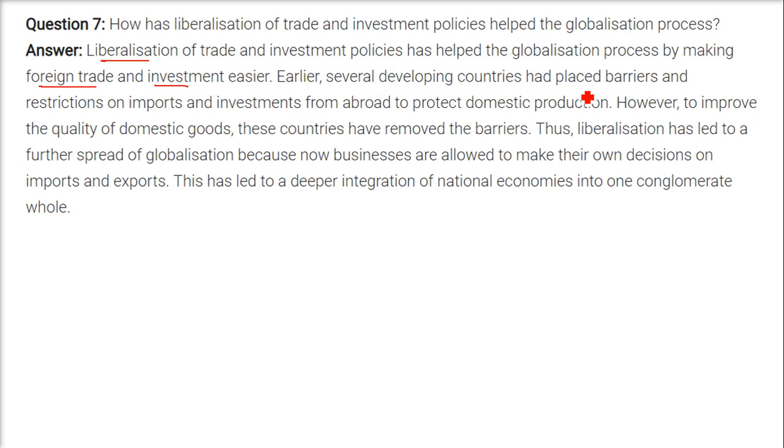Earlier, several developing countries had placed barriers and restrictions on imports and investment from abroad or from developed countries to protect their domestic production. But to improve the quality of domestic goods, these countries have removed these barriers. Therefore, liberalization has led to a further spread of globalization, because now businesses are allowed to make their own decisions on imports and exports, and going to the government is less. So this has led to deeper integration of national economies into one combined whole.